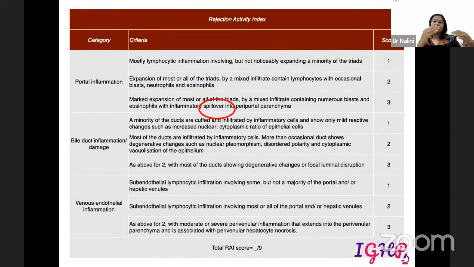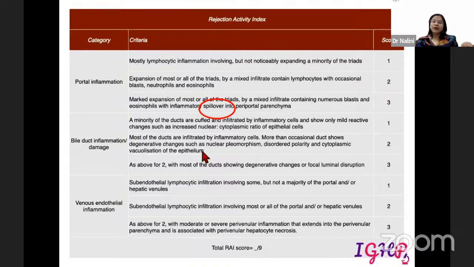That means as we move from inflammation towards portal tract damage, they are going to leave the Lakshman Rekha and spill out. So in portal inflammation grade 3, the portal inflammatory cells spill into the adjacent parenchyma. They will cross the limiting plate and now there is no Lakshman Rekha dividing the portal tract from the hepatic parenchyma.